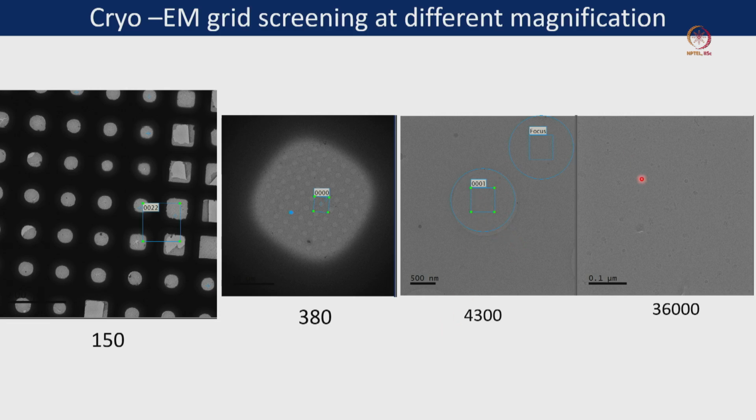And when you are collecting that data, it will be at very high magnification. It is 36,000x magnification, or it may go to 45,000x, or it may go to 55,000x magnification.